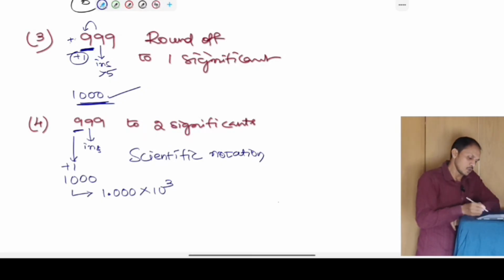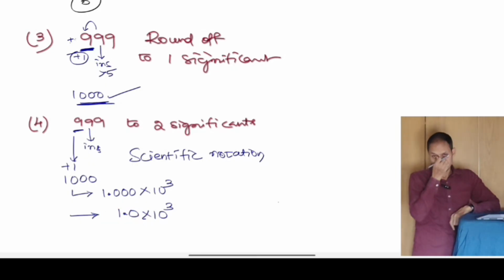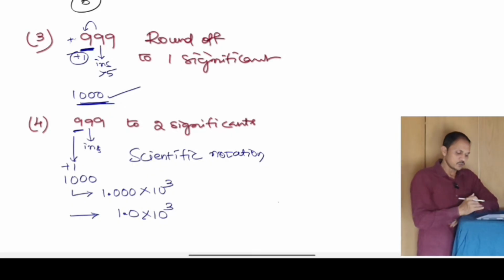So what do we do? It is written as 1.0 into 10 power 3. Now we have only 2 significants here, 1 and 0. 0 is significant because there is a decimal point. And 10 power 3 we don't care, that is just the order. There is nothing to do with significance in the 10 power 3.